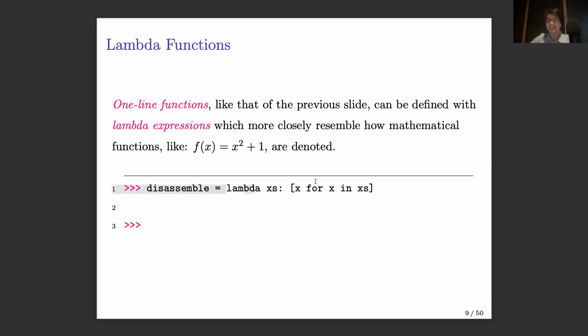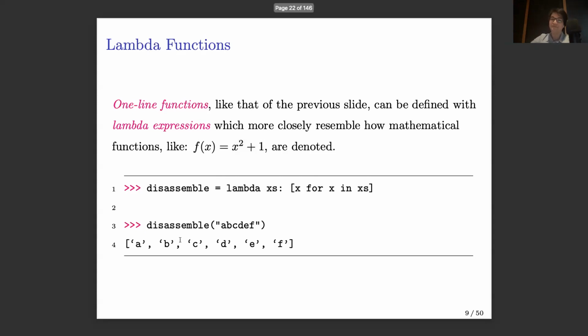You have to see this as the same thing as this. The lambda is the function definition. So we can do two simplifications from that disassemble. We don't even need to define a function in the traditional way. We can just do it in one line. And so, in fact, this works.